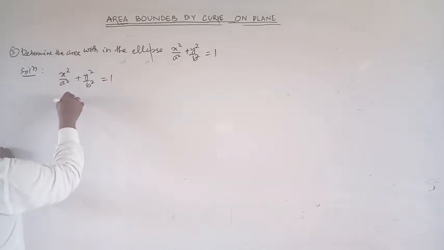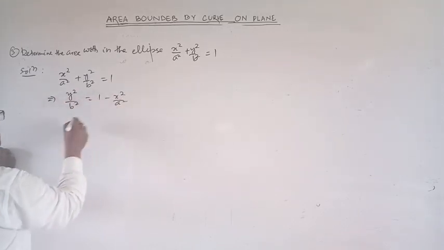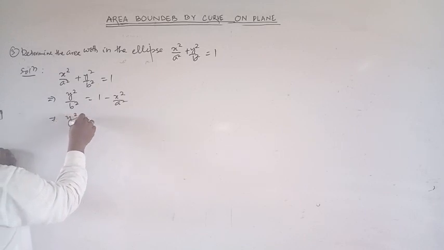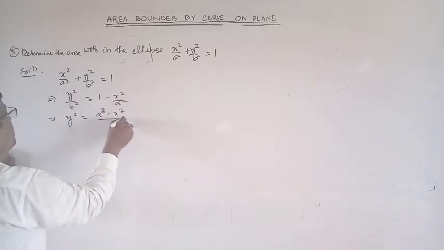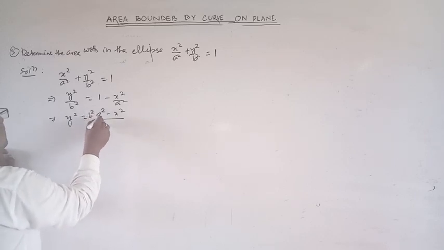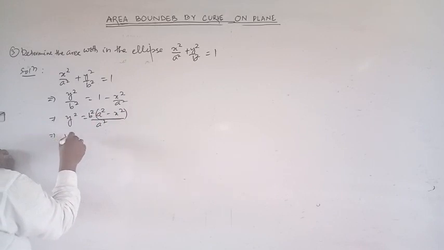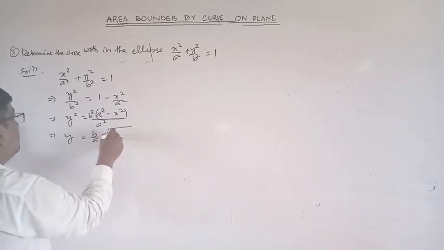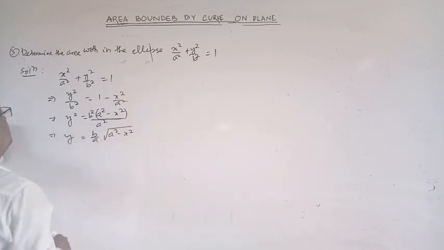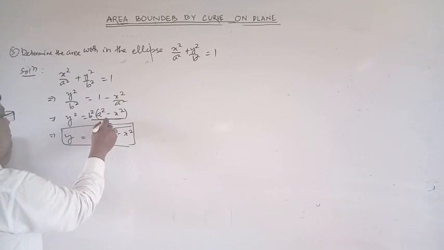Now y square by b square is equal to 1 minus x square by a square. So y square is equal to b square by a square times a square minus x square. So y is equal to b by a root over a square minus x square. Okay, this is y.